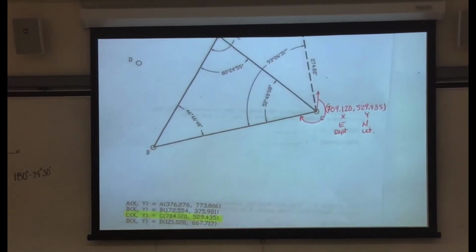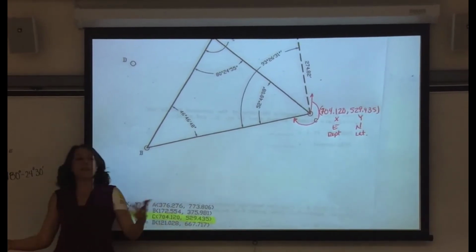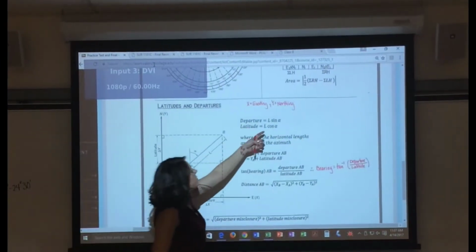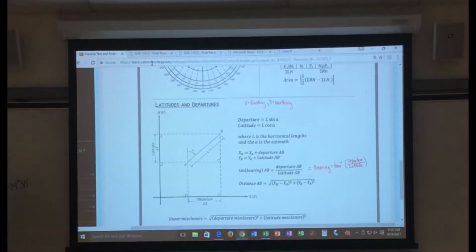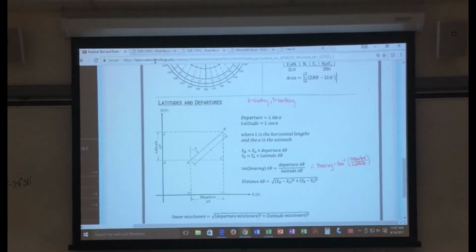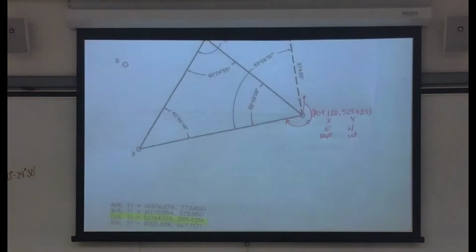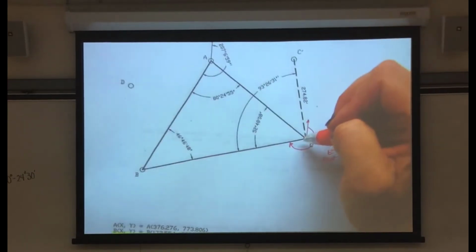Now, the first thing I have to do is figure out the azimuth. If I'm going to use these two formulas, I have to know the angle, our azimuth. Sine of A gives the departure, cosine of A gives the latitude. So first I have to know the azimuth of this line here.